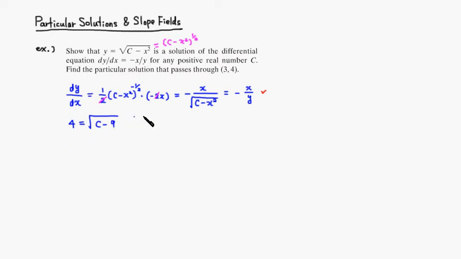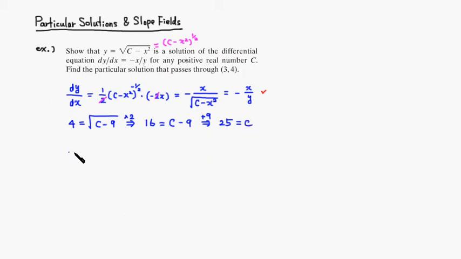Then square both sides, and you get 16 is equal to c minus 9. Add 9 to both sides, and that gets you 25 is equal to c.